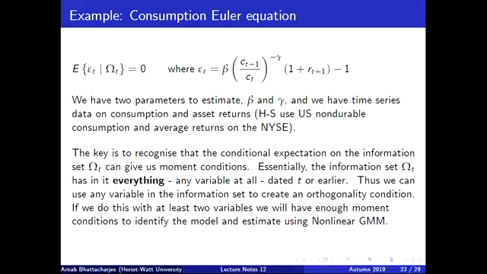They are setting this expected value to 0, right? What are the parameters here? There are two parameters, beta and gamma. And you can straight away see why nonlinear GMM needs to be applied here, because this is a highly nonlinear function, right?